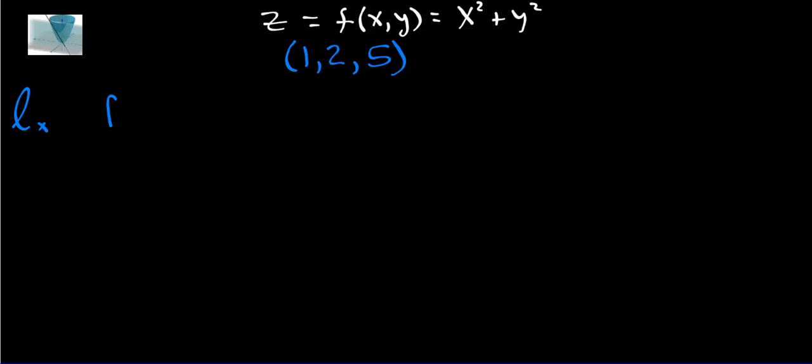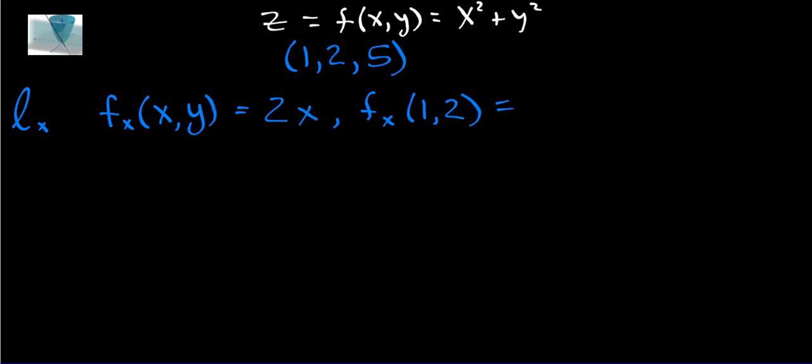So let's do the partial with respect to x, and we get 2x. Now, if we plug in the 1, 2, that's just going to give us 2. So here's what this tells us: for every unit change in the x direction, the change in the z direction is going to be 2 times that. It's going to be 2, right?